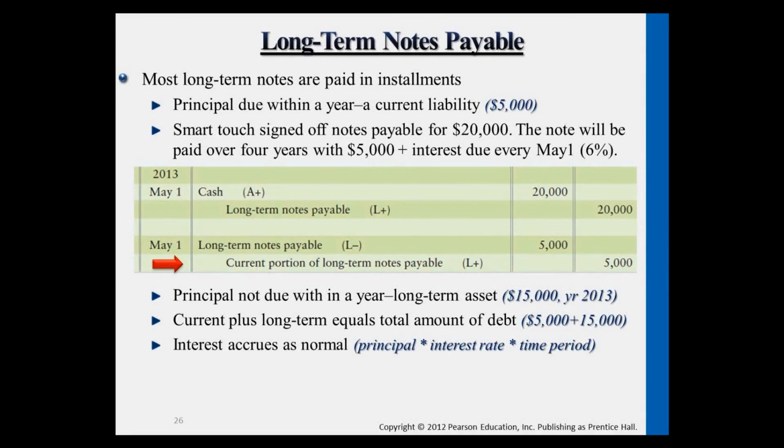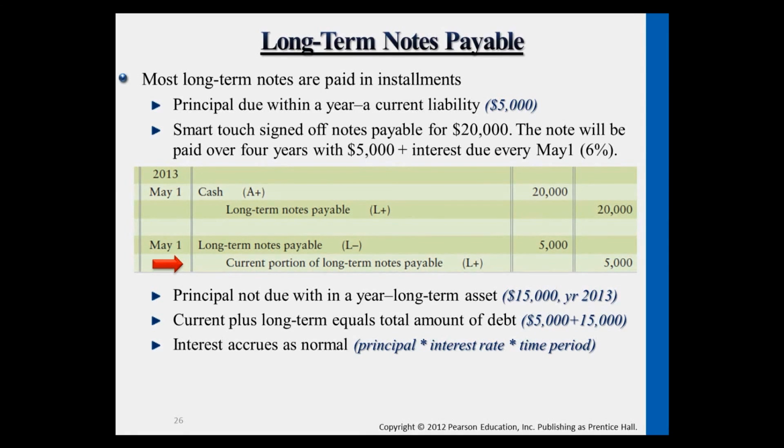So just to make things simpler, we just do this reclassification entry once in the beginning. Meaning if we agree to pay by installments, every year we're paying the same amount, $5,000 principal. So immediately on signing off a note, we reclassify this, and that represents the yearly current portion of installments that we're paying. We're not reclassifying it every time.